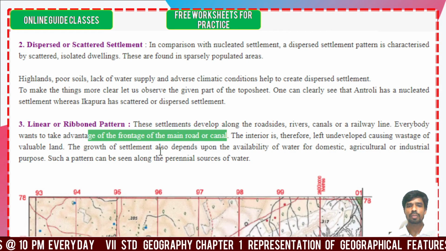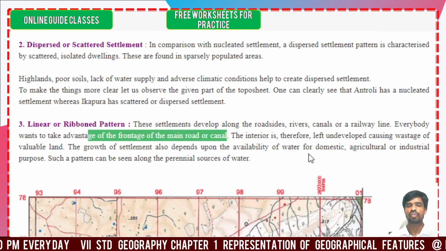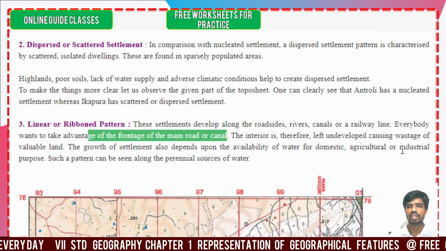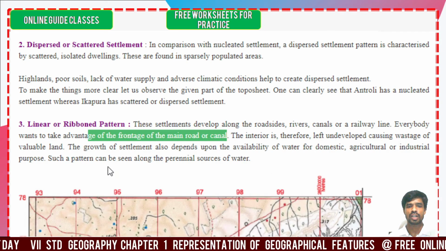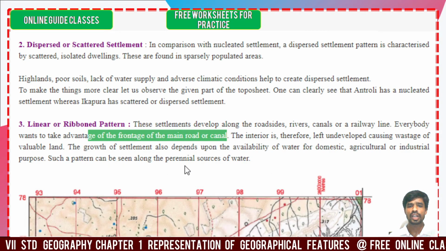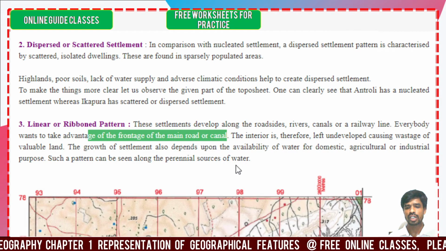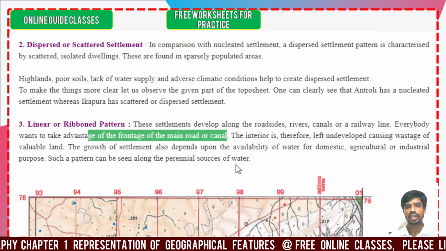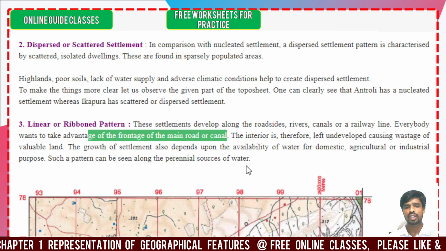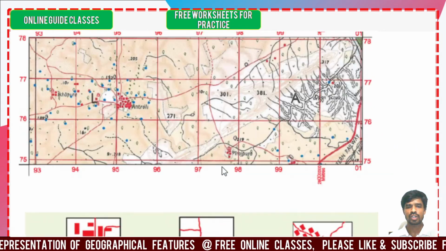The growth of settlement also depends upon the availability of water for domestic, agricultural or industrial purposes. Such a pattern can be seen along the perennial source of water. Here, these locations are seen near the roads, rivers or lakes. Can you see the difference over here?